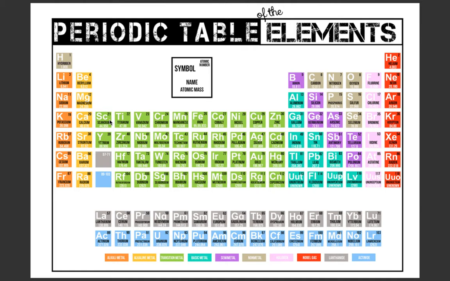So you're going to color in pretty much that whole middle section except for the two blank ones. So what I like to do, I like to go around the border first and then go on the inside. So I'm going to start with scandium. And if you ever need to, you can always pause so you can catch up or get a different color.